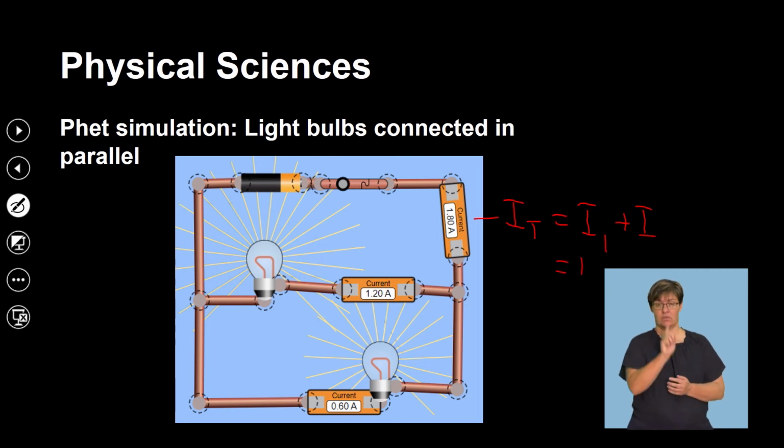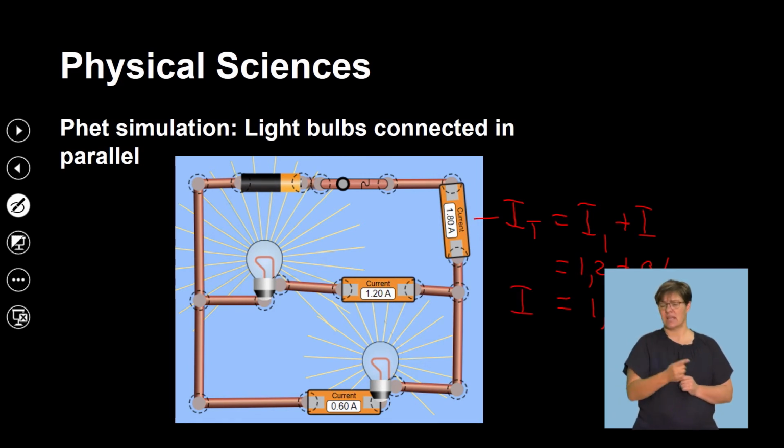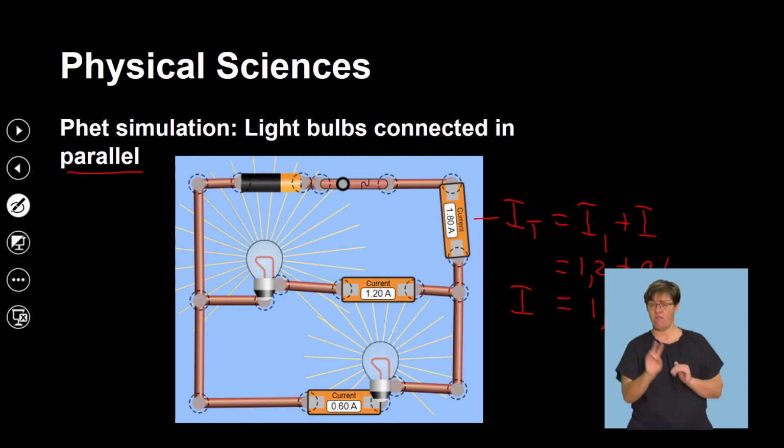It's 1,2 amperes plus 0,6, which gives us 1,8 amperes, the total current. This is what we mean when we say a parallel circuit is a current divider. But we would also verify if indeed voltage remains constant.